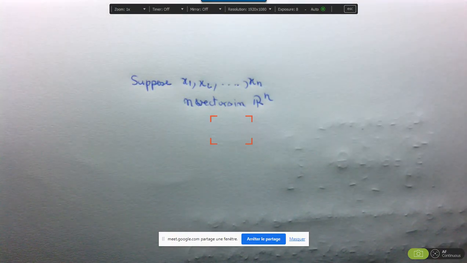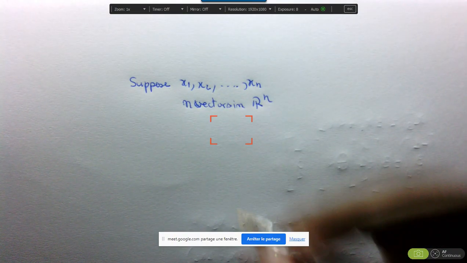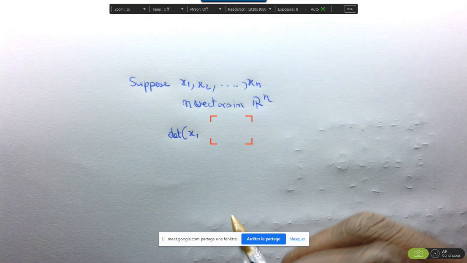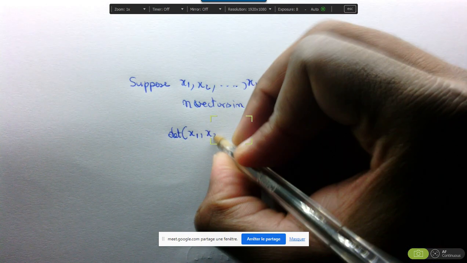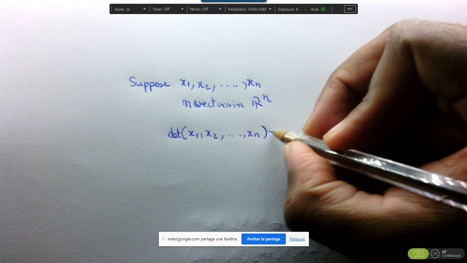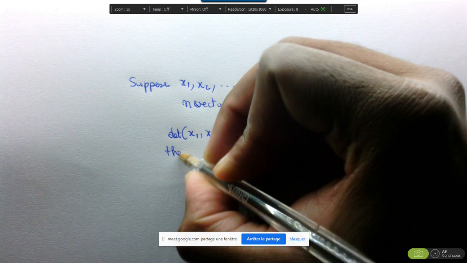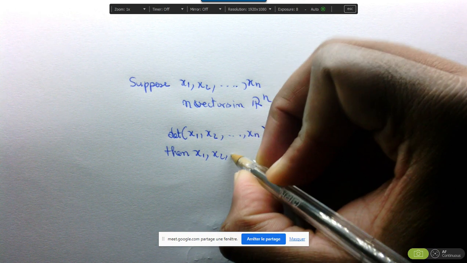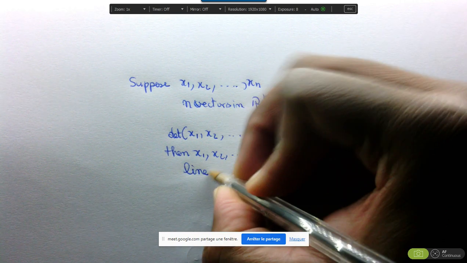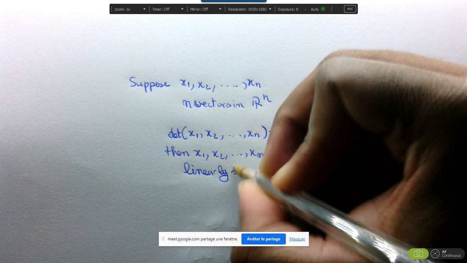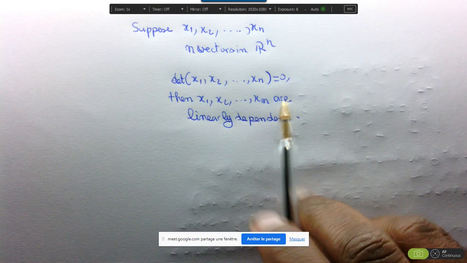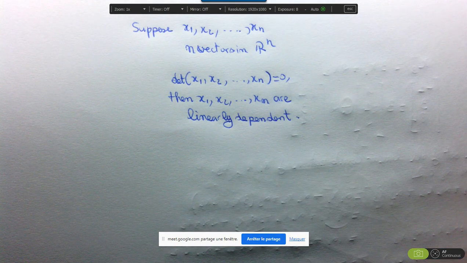Now if the determinant of the matrix that I can form with x1, x2, through xn is equal to 0, then x1, x2, dot dot dot xn are linearly dependent. If it is different from 0, of course it is linearly independent.